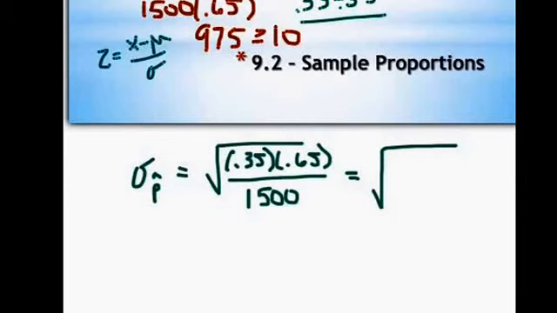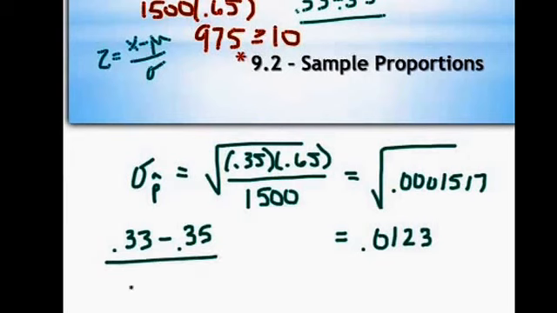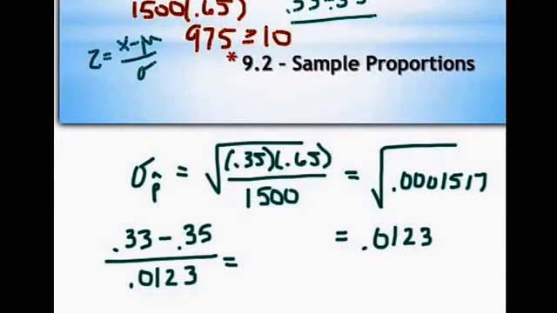And that is 0.001517, and the square root of that is 0.0123. So I have 0.33 minus 0.35 over 0.0123, and that gives me a z-score of negative 1.62.